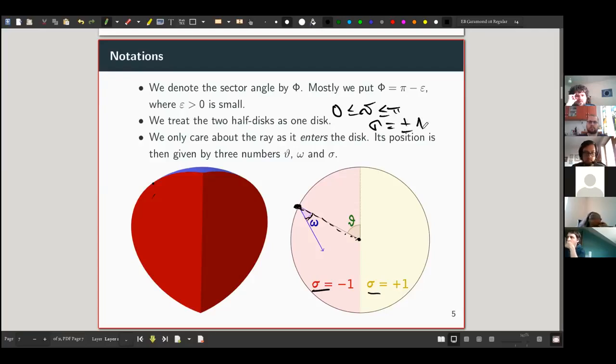So it's plus or minus 1. And this is nicer just from some technical points of view. So that's the only reason we are really caring about this sigma. So the theta is positive on both sides. Here it would be also positive, but the sigma is different.